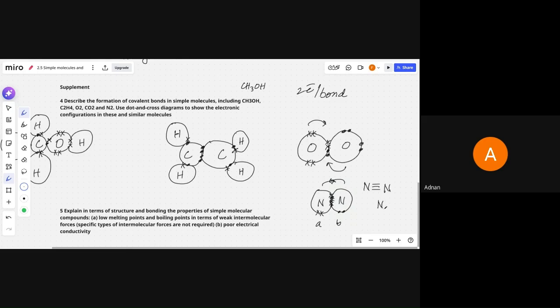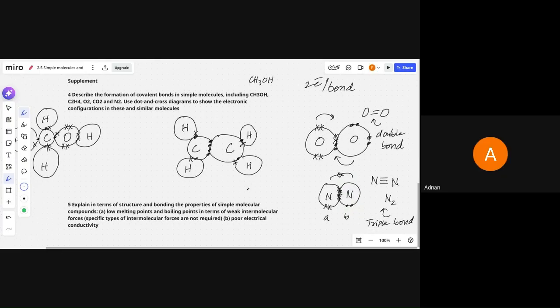In a nitrogen molecule N2, there's a triple bond. Remember that, right? And in the oxygen molecule O2, since 4 electrons are shared, it means that there is a double bond between these 2 atoms. Okay, so now I hope this is clear.